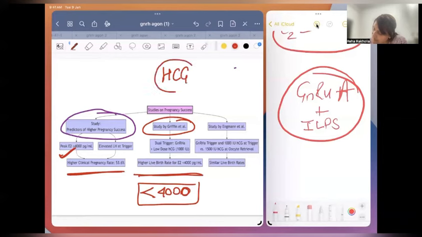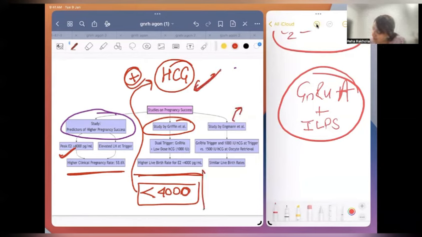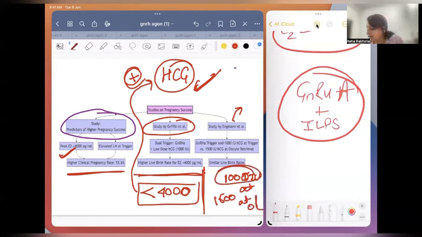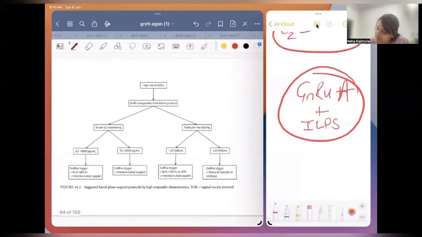So if less than 4,000 we'll have to add HCG to increase the live birth rate. Engman et al. saw that GnRH agonist trigger with 1,000 international unit HCG at trigger or 1,500 at oocyte retrieval gave similar live birth rate. That is not changing anything.